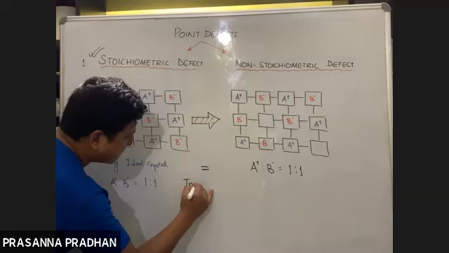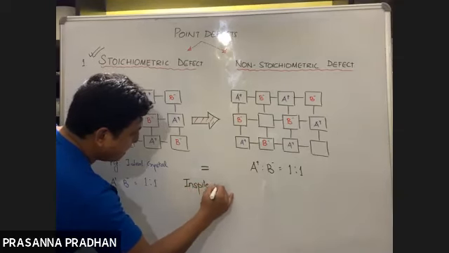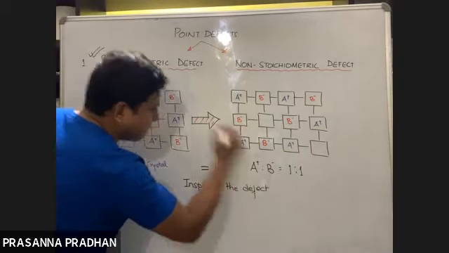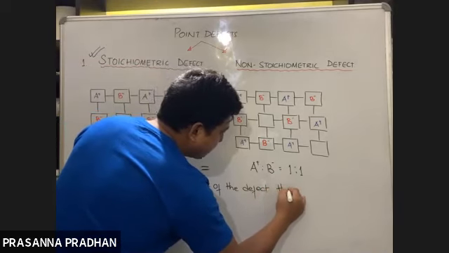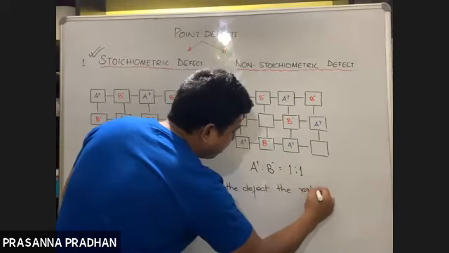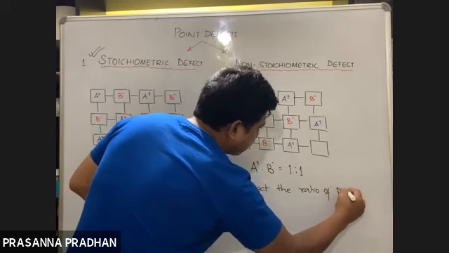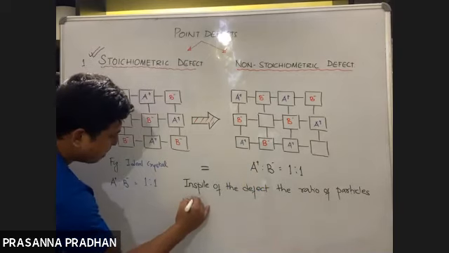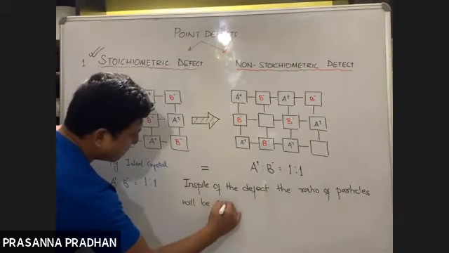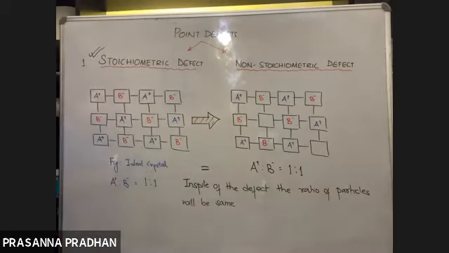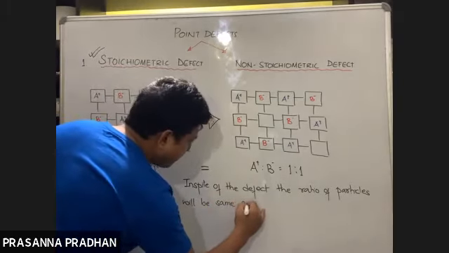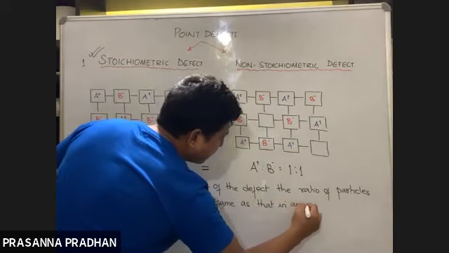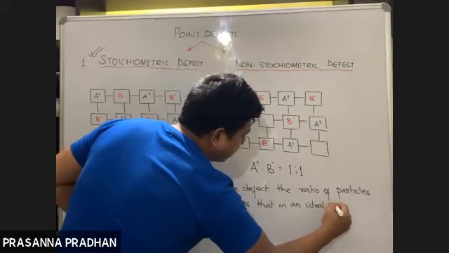So stoichiometric defect में क्या होगा? In spite of the defect, the ratio of particles will be the same as that in an ideal crystal.